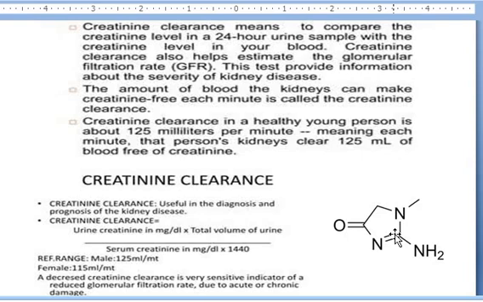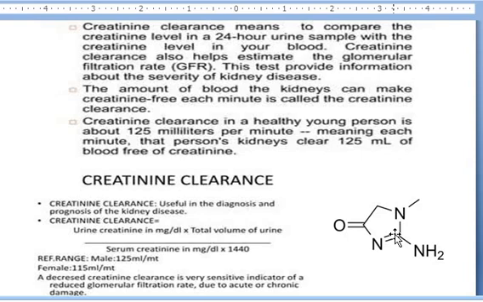So in order to find the creatinine clearance, we have to collect the 24 hours urine sample. From that, find out the amount of creatinine present in that one. Second, collect the blood sample from the patient and find out the plasma creatinine.